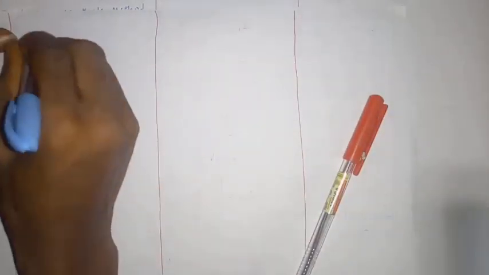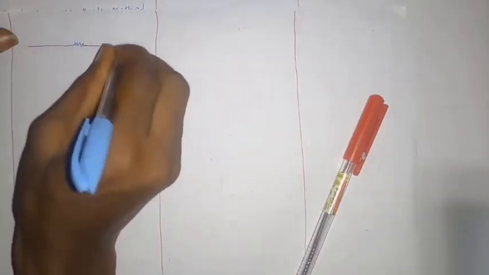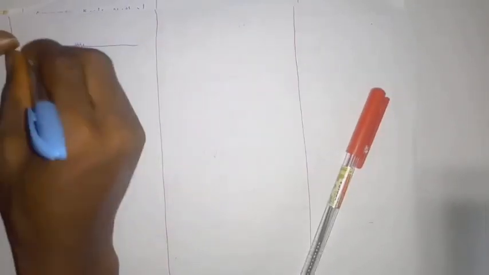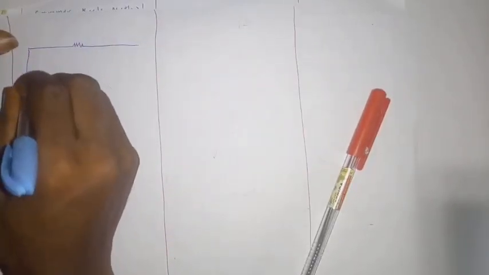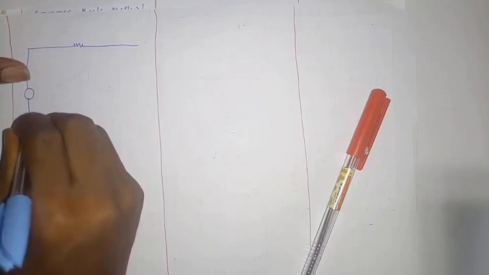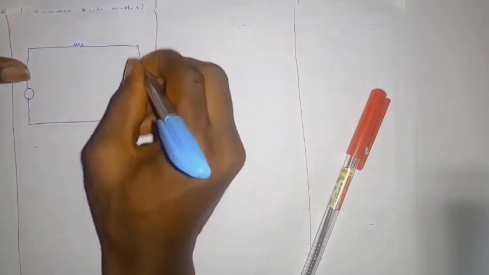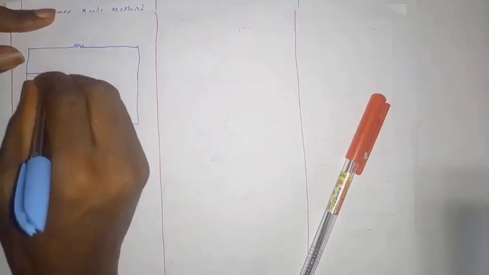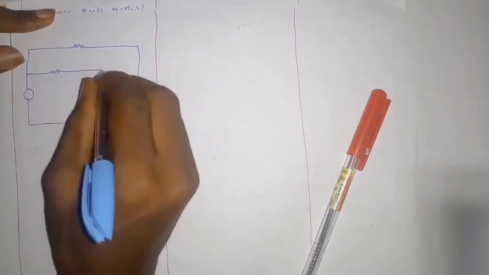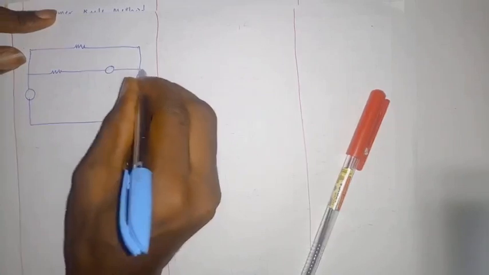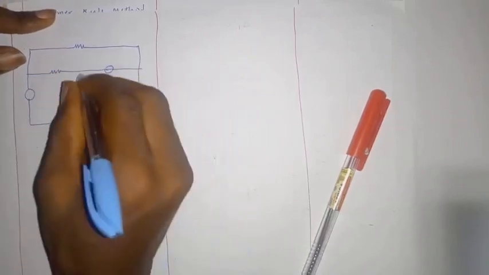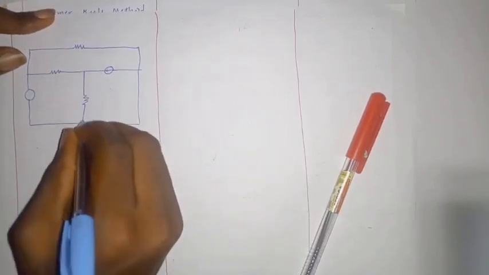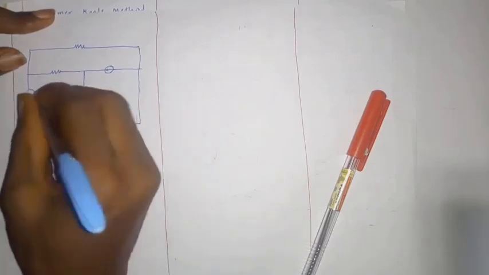Okay, we have this, a quick one. We have this, then this one comes this way. We have a source here. Again we have this 10 ampere.